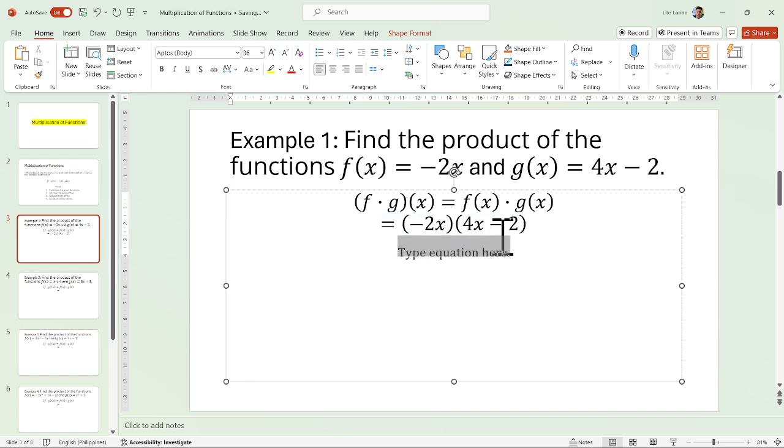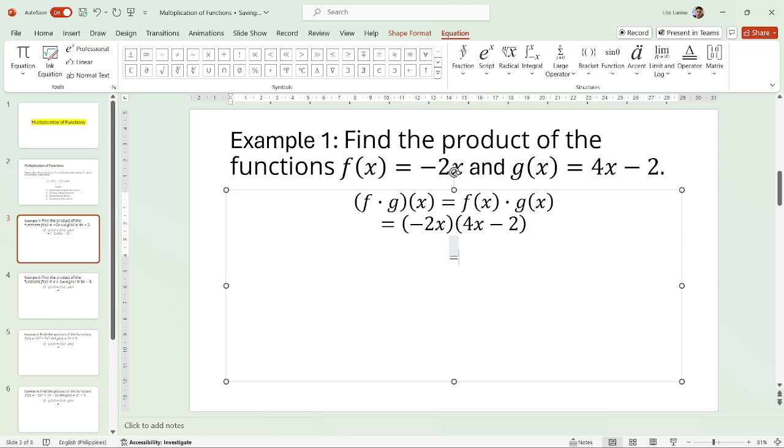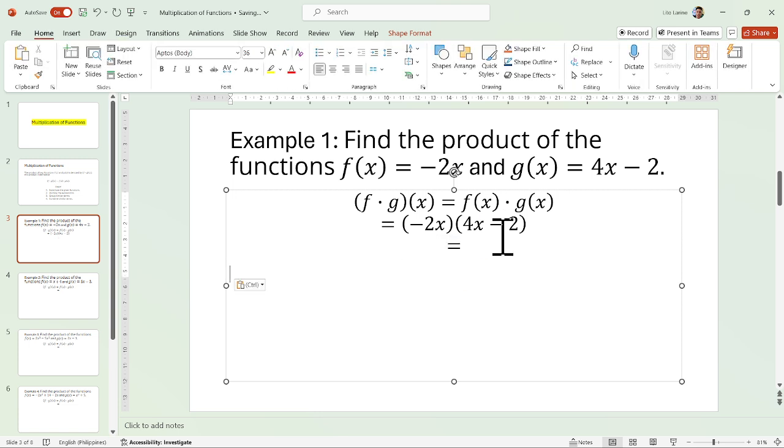And we will simply multiply the two expressions, and we multiply each term to each term in the multiplier, or in the second expression.